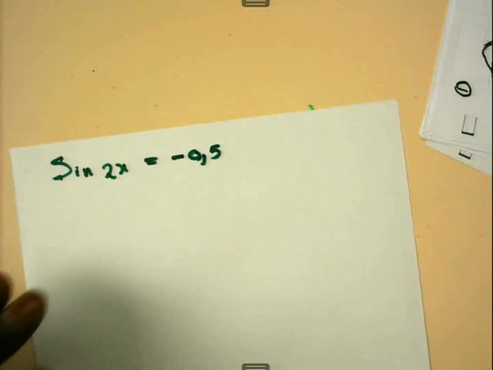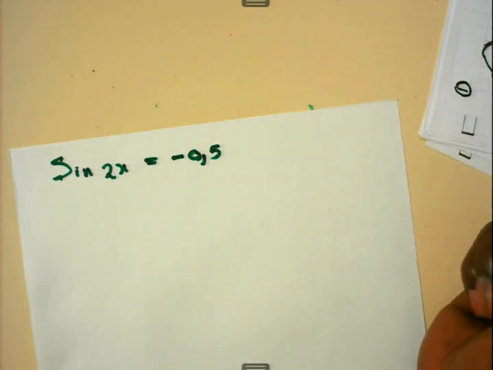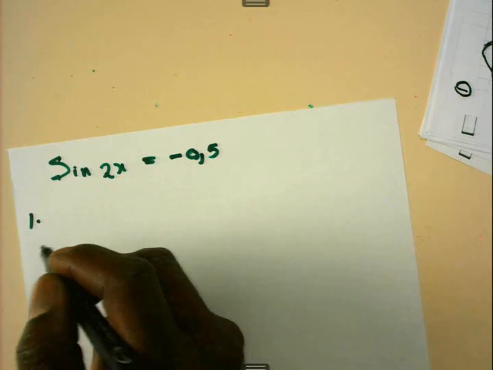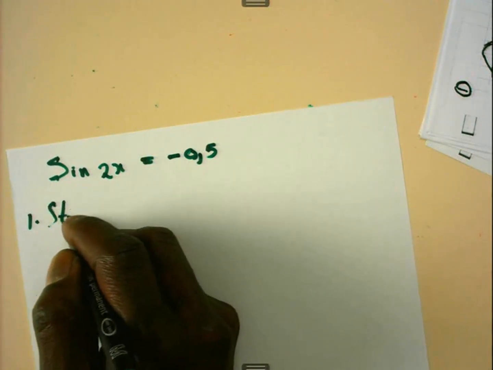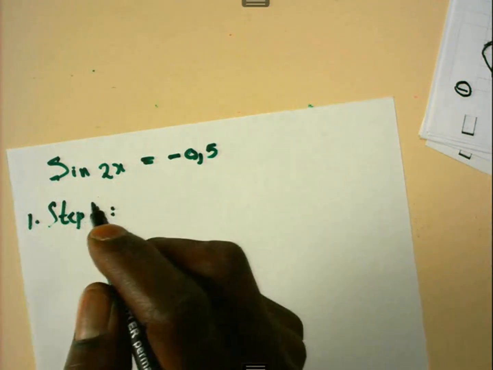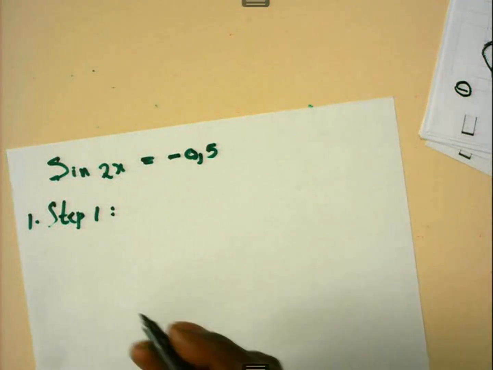Yes, sine 2x is equal to -0,5. We move along with the steps. Step one. Who can remind us of step one? Oh, everybody is comfortable with step one.